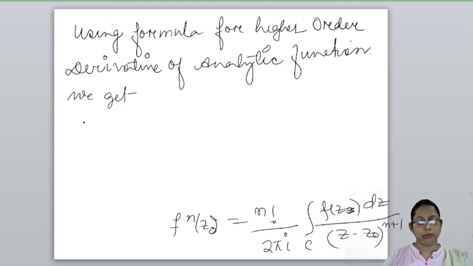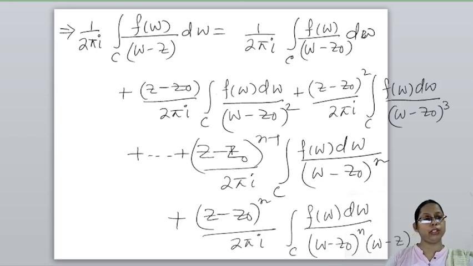So using this, by the Cauchy integral formula, this is f(z) and this is f(z naught). Then from here we will use the derivative of an analytic function.